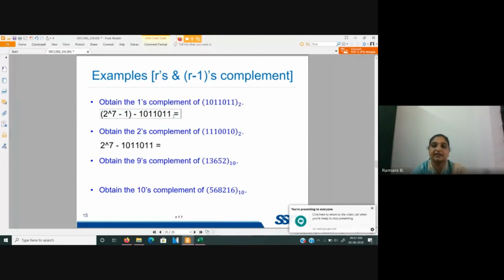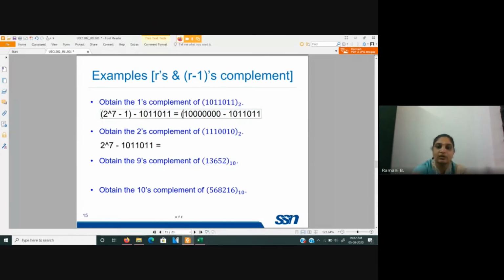The simplest way to remember this is, whatever the power you give over here, you write 1 followed by that many zeros. So 2^7 is 1 followed by 7 zeros, 1, 2, 3, 4, 5, 6, 7, minus 1 minus the given number.